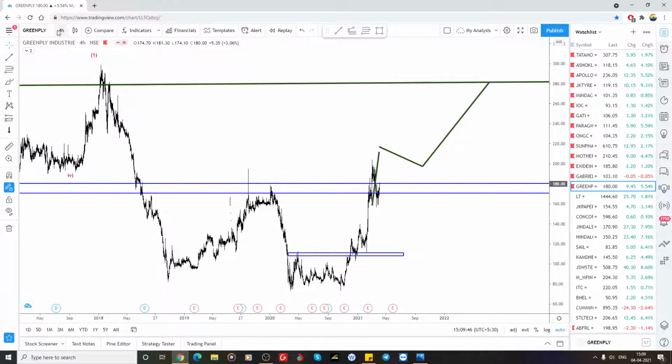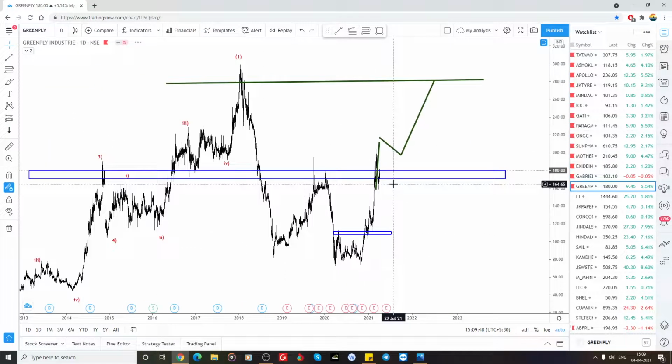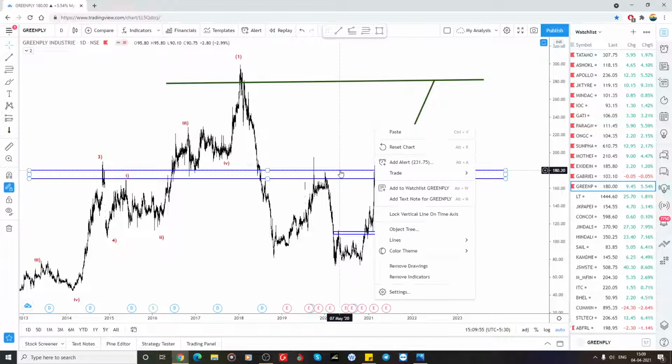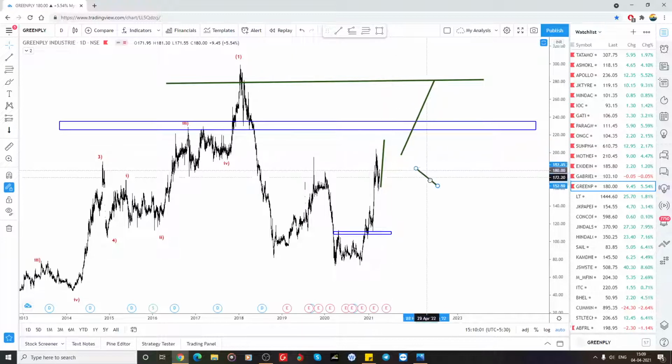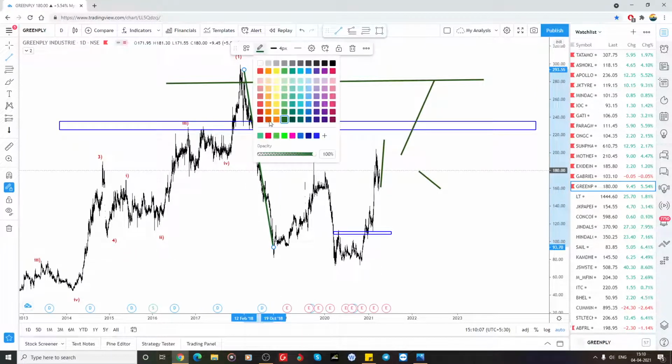The next resistance zone, I will just mention that, it's already there. The next resistance zone is 230. So at least we can come to this zone for that 5th wave to complete that structure, because here one is a bigger impulsive wave to the downside.